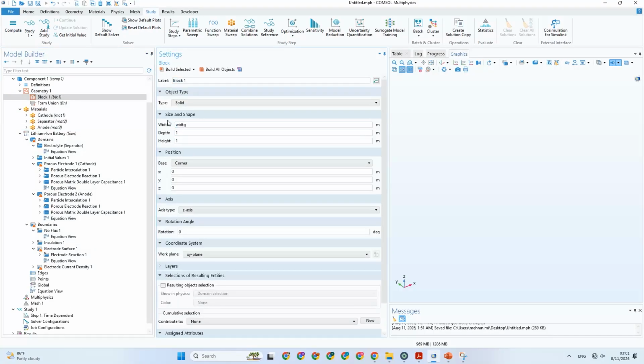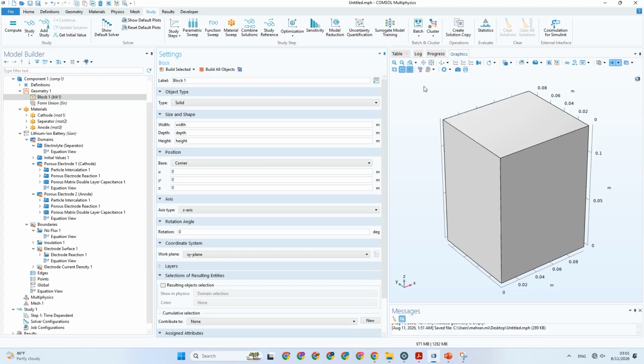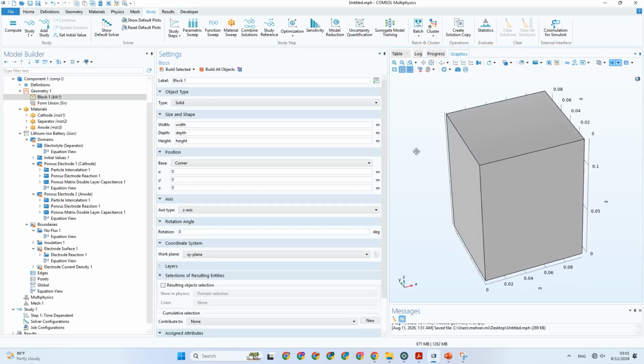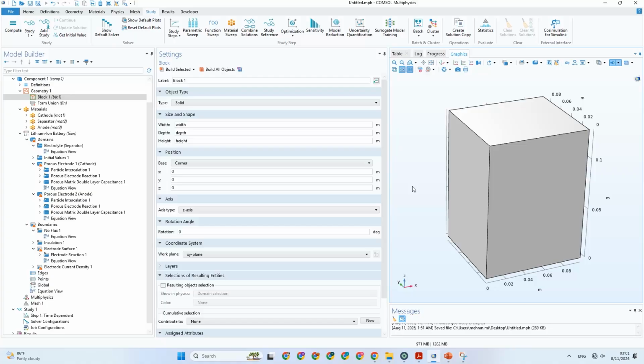Width, depth and height. Okay, maybe the same, I don't know.